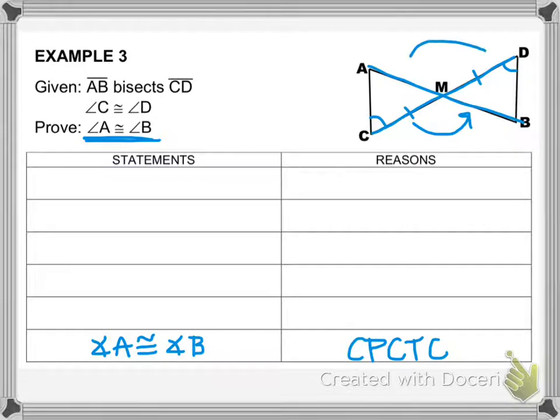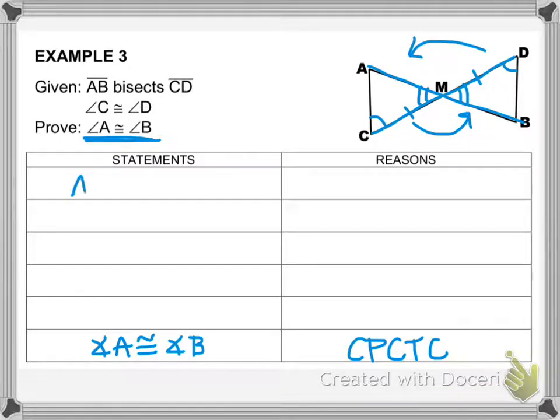These triangles look like they've been rotated. So I've got an A and an S. I got to look carefully at my picture to see what else I see. And oh, I do see, remember, vertical angles are congruent. So that'll be my third A. So by ASA, we're going to prove these triangles congruent. And then by CPCTC, we'll state that angles A and B are also congruent.